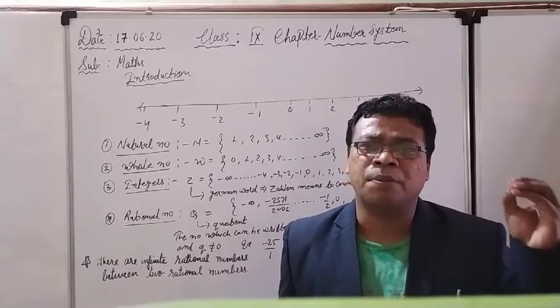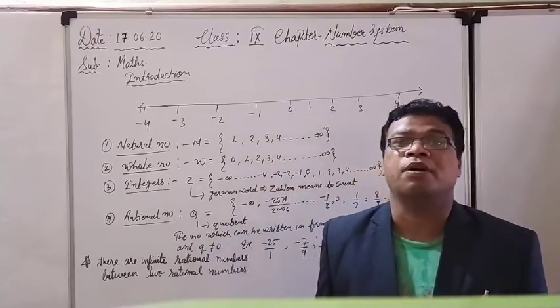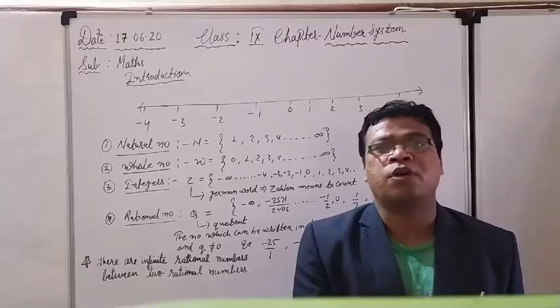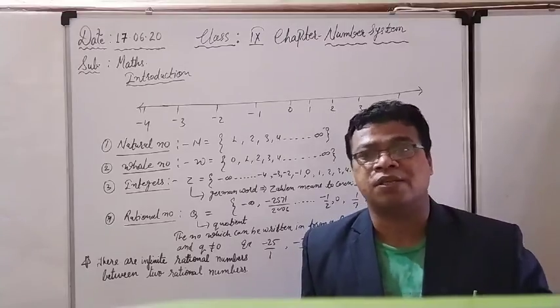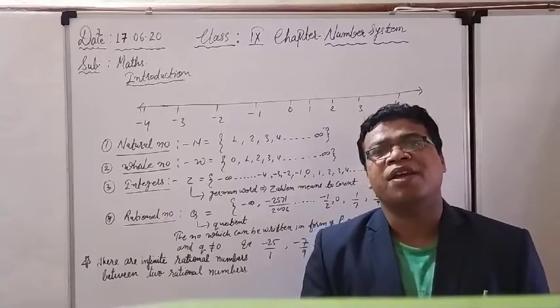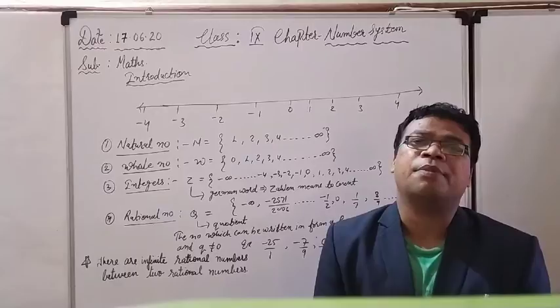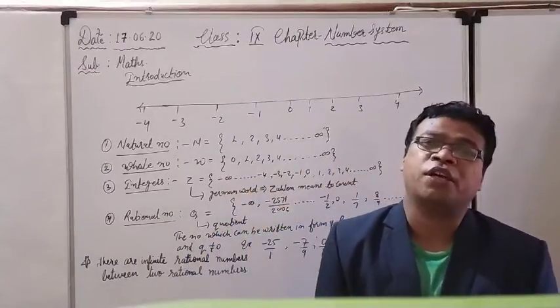So we should know the basics of each and everything, and especially we have to talk about the irrational number. Why? Because till the 8th class we know what is the natural number, what is the whole number, and we also studied the rational number in our 8th class. And we have studied so many different kinds of operations like addition, multiplication, subtraction and division, which were based on the rational number.